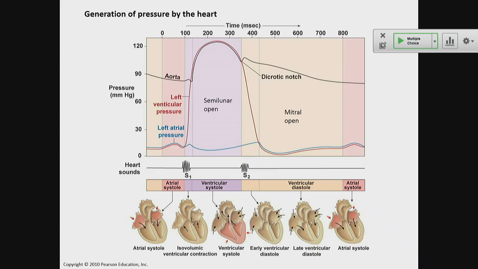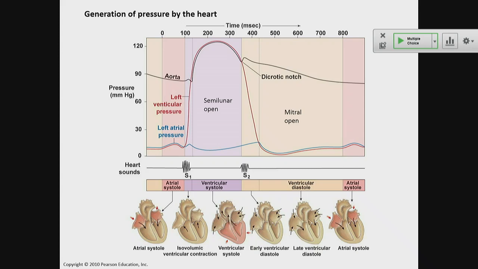If something is a continuous chamber, the pressure in the two parts needs to be approximately the same. So you can see that when the valve is open during this phase, the pressure in the two chambers is approximately the same, okay?